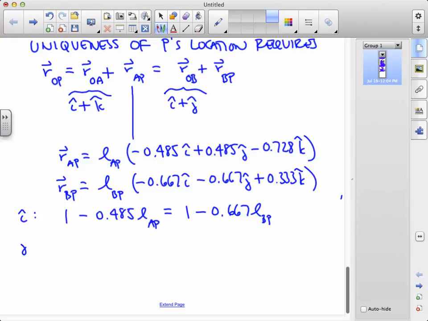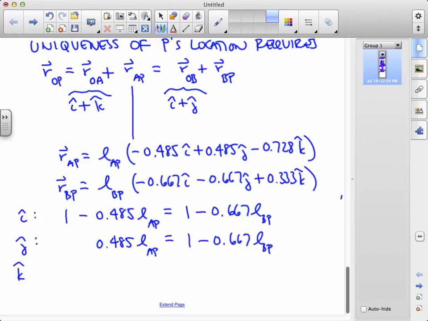In J, on the left-hand side, we have no contribution from ROA, but we have a 0.485 length from A to P from RAP. On the right-hand side, we have a 1 from ROB, and we have a minus 0.667 length of BP from RBP.